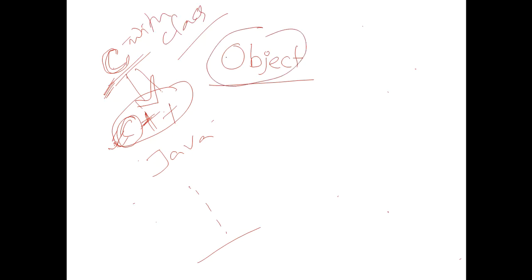class meaning the object concept. I will come to that, what is class and how it is associated with object. So that class concept in C++ came from another programming language called Simula. That programming language is the backbone of C++. The earlier name was C with Classes, then eventually they changed the name to C++.